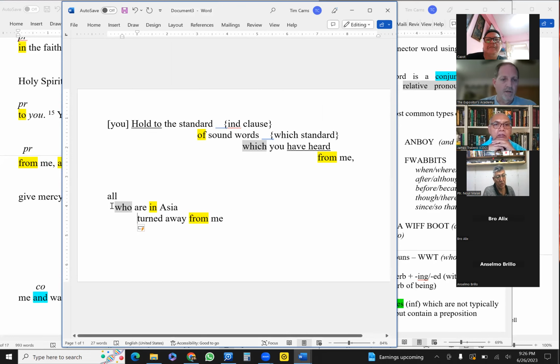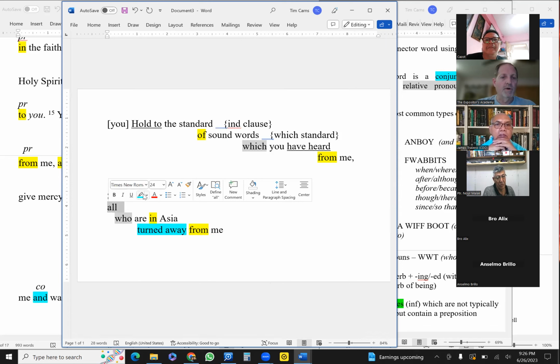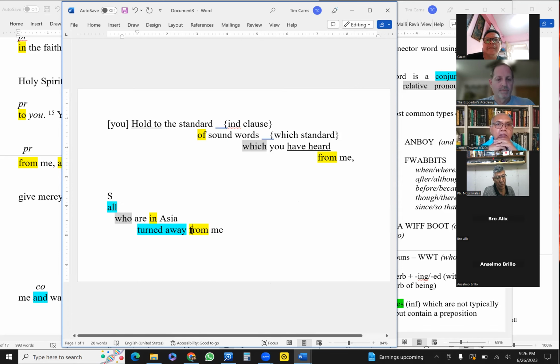One is, here we have a dependent clause inserted between the subject, all, and the verb turned away. So all turned away is my independent clause. Who are in Asia modifies all.